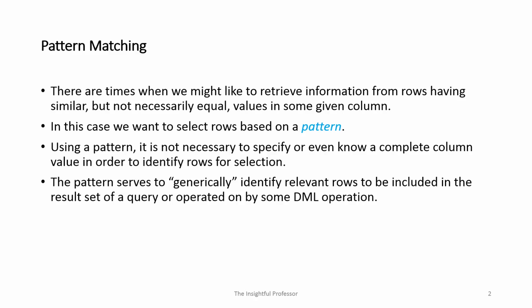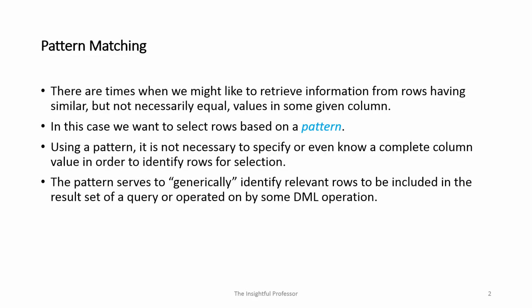In this case, what we want to do, in order to be more generic, we define something called a pattern. The pattern is not going to specify or even know a complete column value in order to identify the rows, but it's going to do something kind of like a similarity match. We're going to say what I want kind of looks like this, and we describe what it looks like through our pattern.